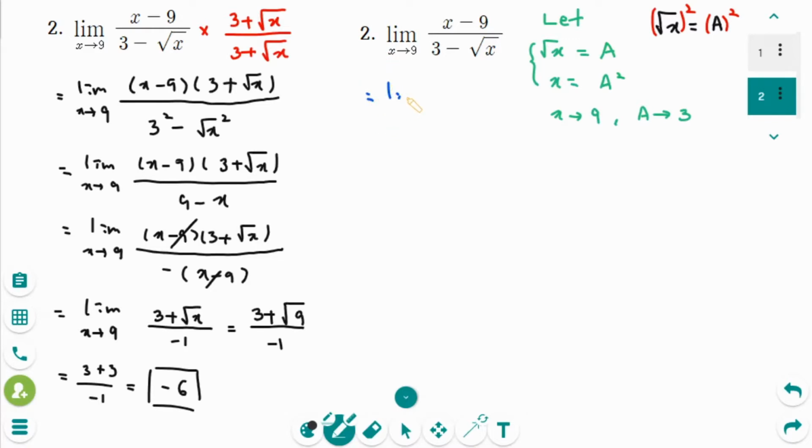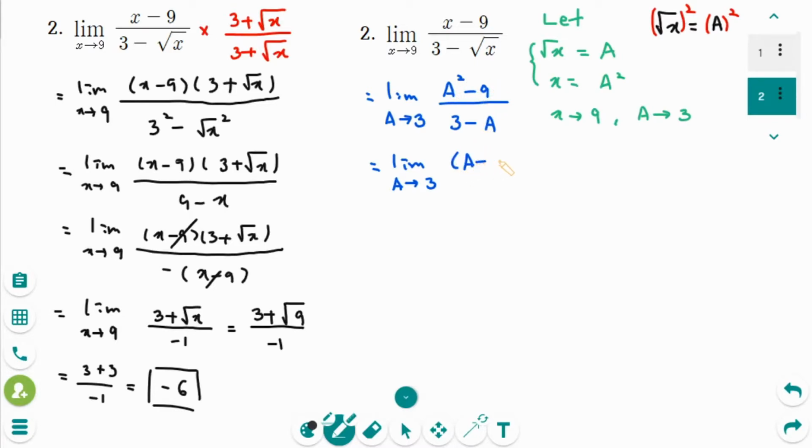And then rewrite the limit as a approaches 3, x means a squared, minus 9 over 3 minus a. And then we can factor a squared minus 3 squared.